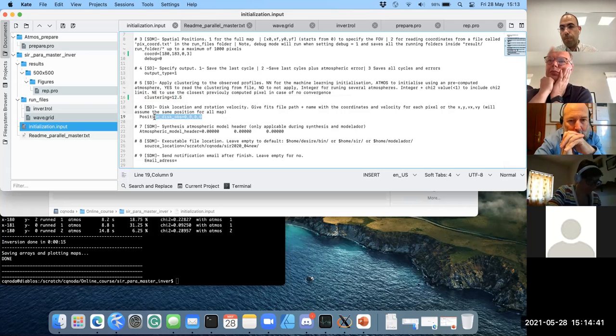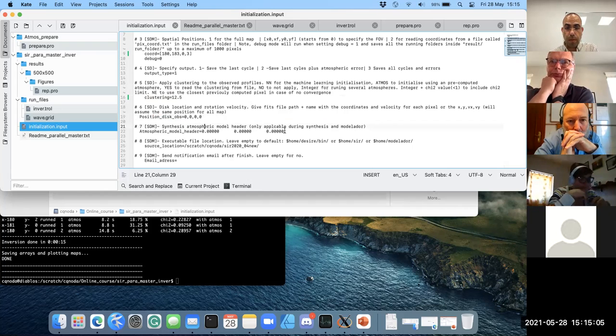Again, we did the synthesis looking at this center, so we are going to do the inversion in the same way. But in principle, if you have an observation and you know the heliocentric angle, then you can put numbers here, and the code will try to project the line of sight with respect to your heliocentric angle.